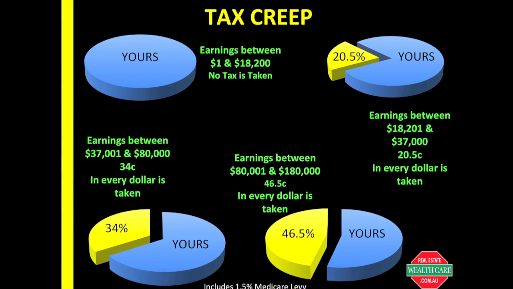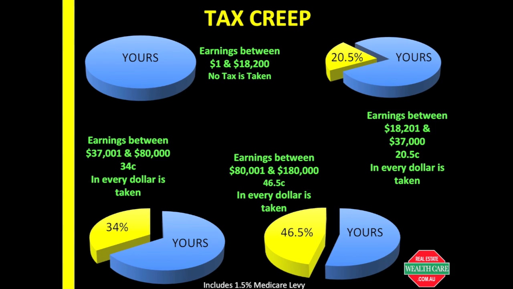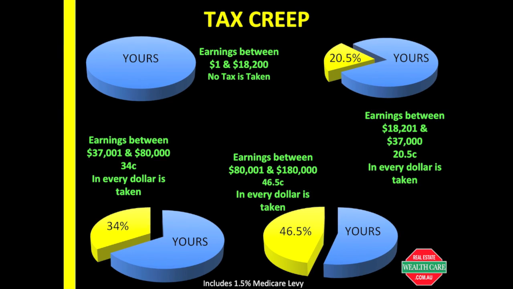From $37,000 up to $80,000, the taxman is going to take 34% from you. From $80,001 up to $180,000, the taxman's share is 46.5%. Now, of course, this includes Medicare levy, but it's still a high chunk if you're getting above $80,000 salary.